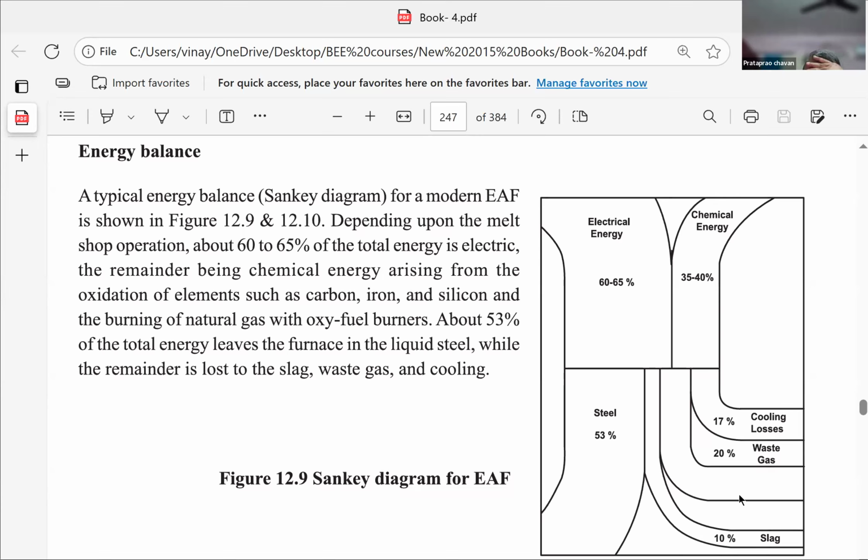We'll have to find out. Waste gas recovery depends on the outlet temperature of these gases. If the temperature is high, the recovery is better. If the temperature is low, it is very difficult to recover low quality heat. And for the cooling losses also, what happens to the cooling water, whether it releases all its heat to the atmosphere or we can gainfully recover it.